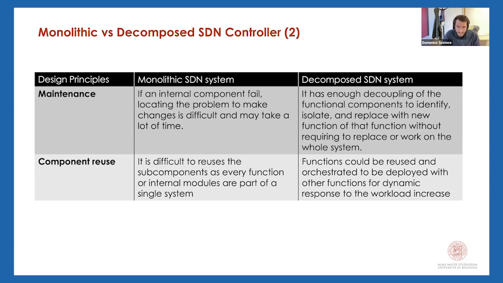You can just run the piece of software that you need to replicate. And also it is the same for component reuse. For a monolithic system, it's very difficult to reuse another subcomponent. The problem is that the internal components are tightly coupled in a monolithic system, and then you cannot isolate and replicate some component. In a microservice SDN system, it's true the same that we said for maintenance. You can reuse part of the components.